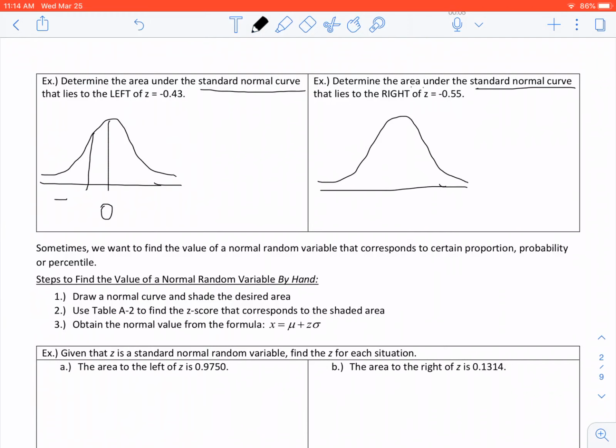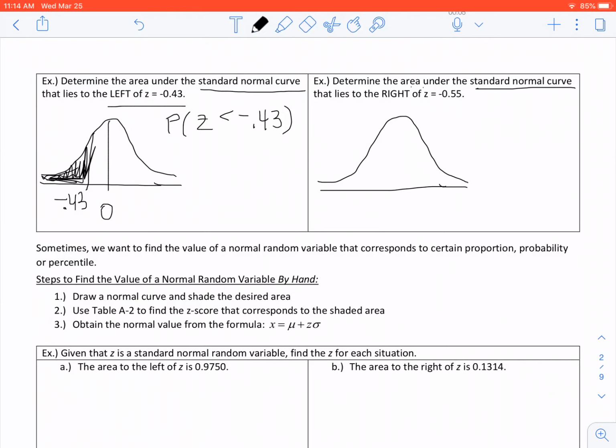Just think of a normal number line. And it says to the left of z equals this. So I'm going to go ahead and shade to the left of this z value. And I need to find this area that we have. So that is equivalent to saying find the probability that z is going to be less than negative 0.43.